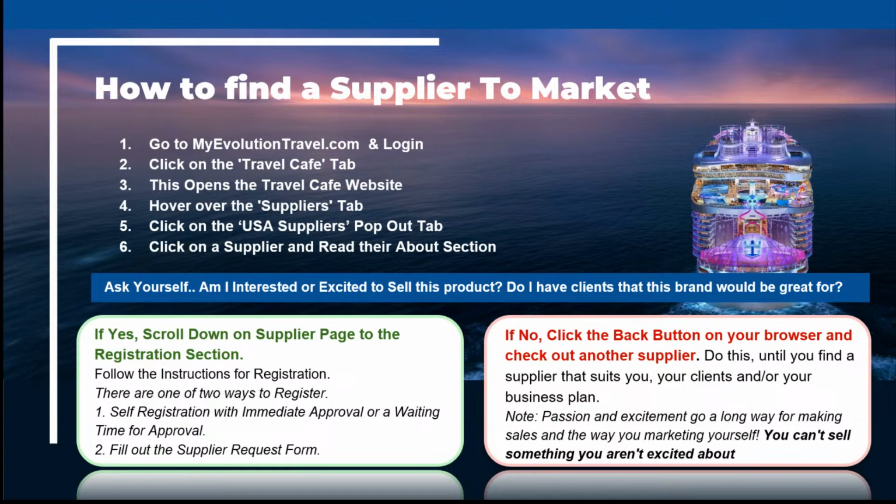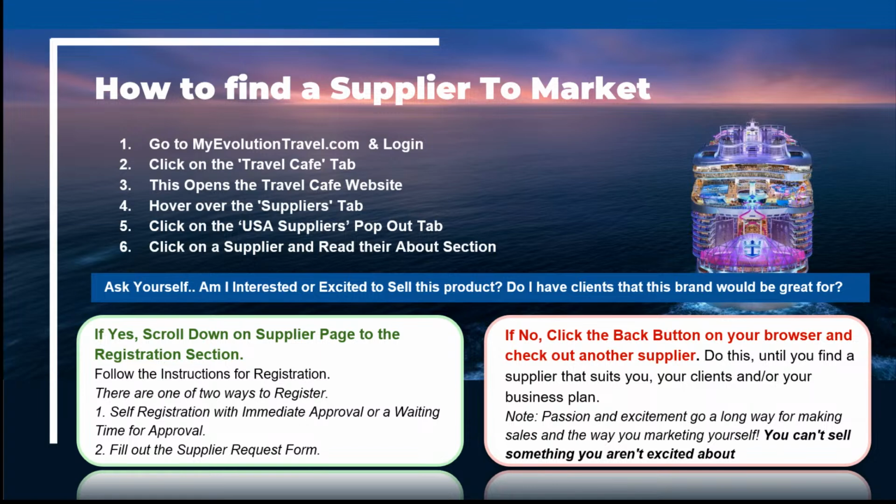If you do find someone, if yes, scroll down on the supplier page to the registration section, follow the instructions for registration, and there's two ways to register. Number one is self-registration, and sometimes self-registration has immediate approval, so you just sign up, you're immediately in the system. And then other times you self-register and there's a waiting period for approval.